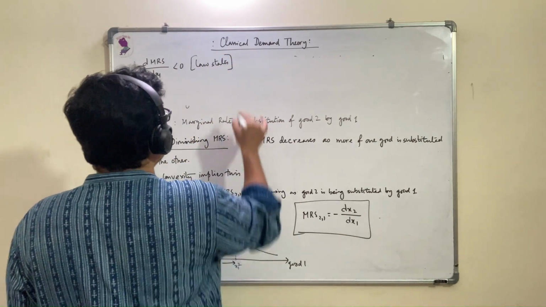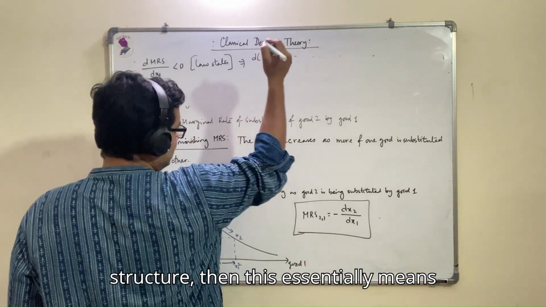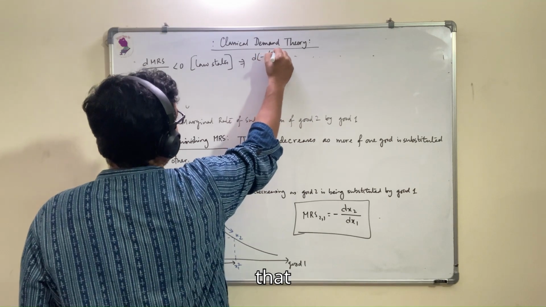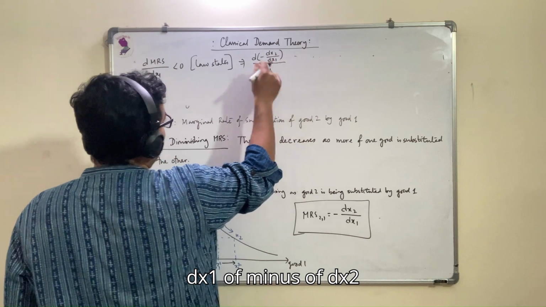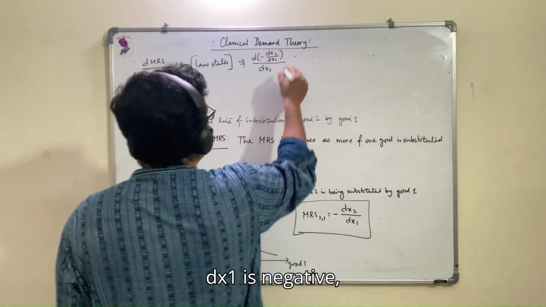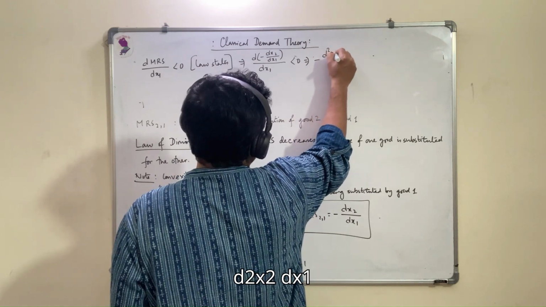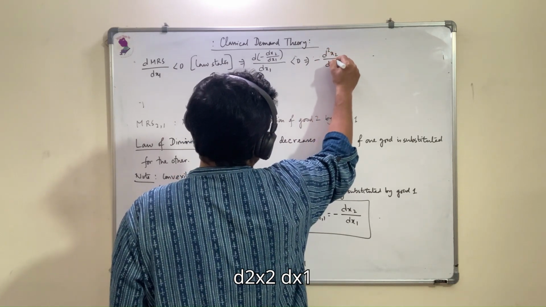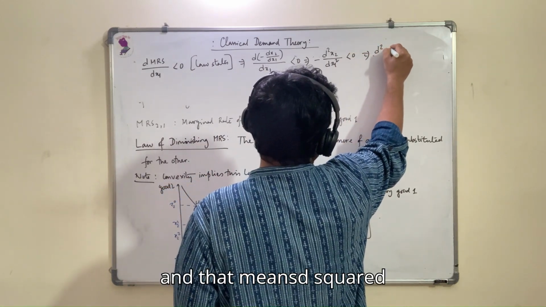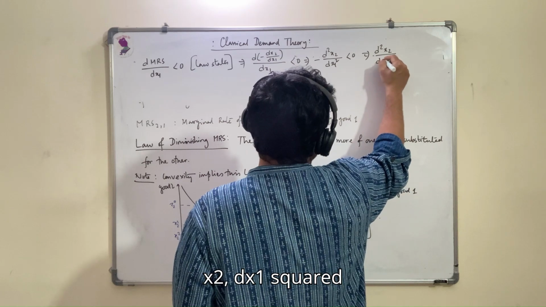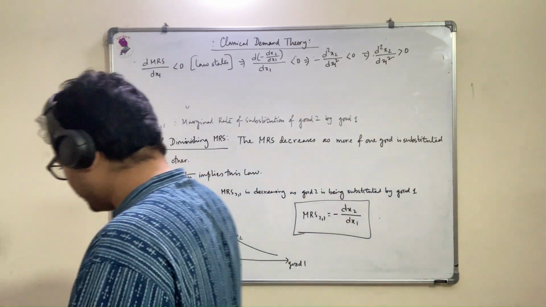And if we apply this differentiation structure, then this essentially means that d/dx1 of minus of dx2 dx1 is negative, which means minus of d2x2 dx1 square is negative, and that means d square x2 dx1 square is positive.